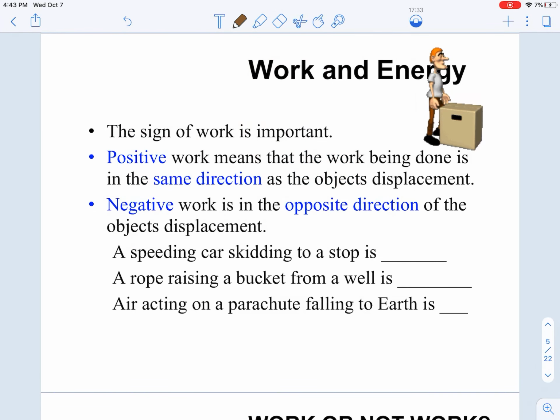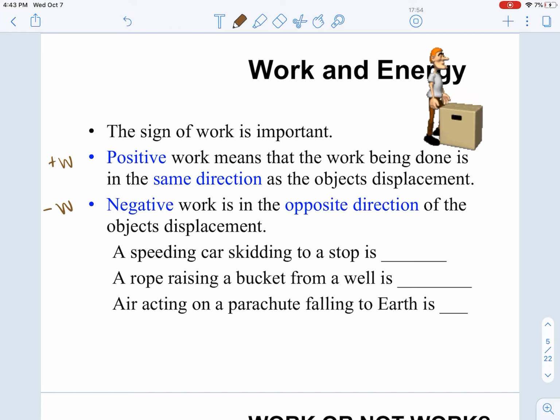Here I kind of summarize it for you, and then I've highlighted in blue the most important quick summation here. So for work, positive work means that the force is in the same direction as the object's displacement.